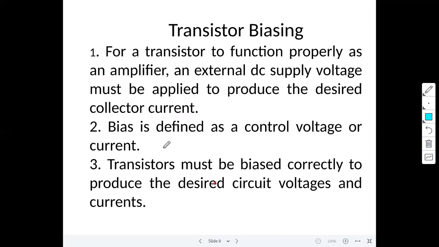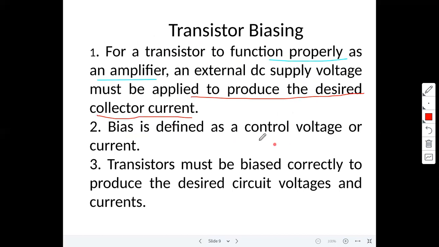Okay. Simply or briefly, what we can say about transistor biasing is, for a transistor to function properly as an amplifier, okay, here the application is amplifier, an external DC supply voltage must be applied to produce the desired collector current.